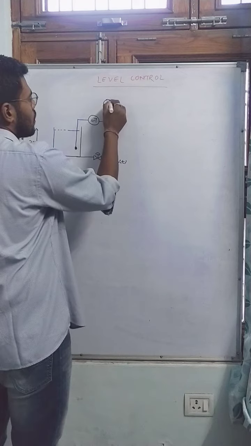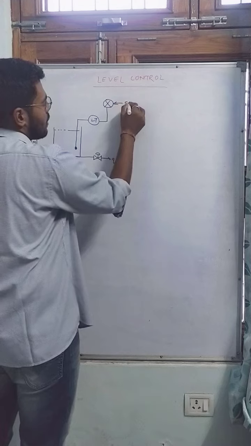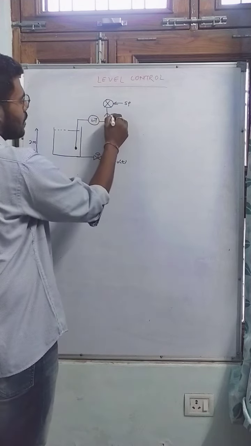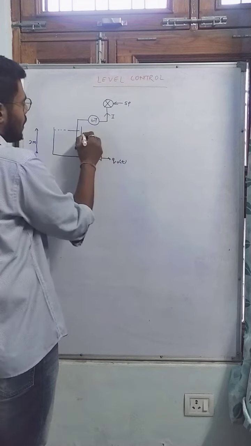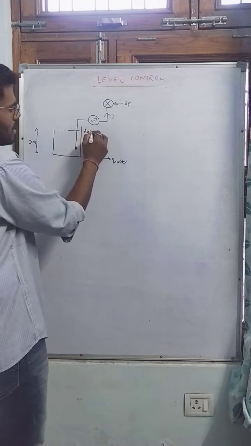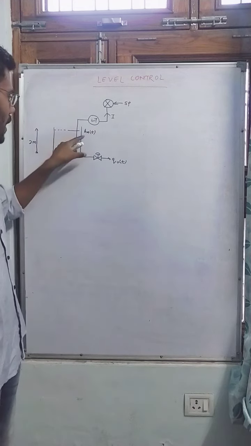Here we will have the set point. This will be the measured value. I am considering the height, the level of the tank, as HMT, the height level of the tank at time t.